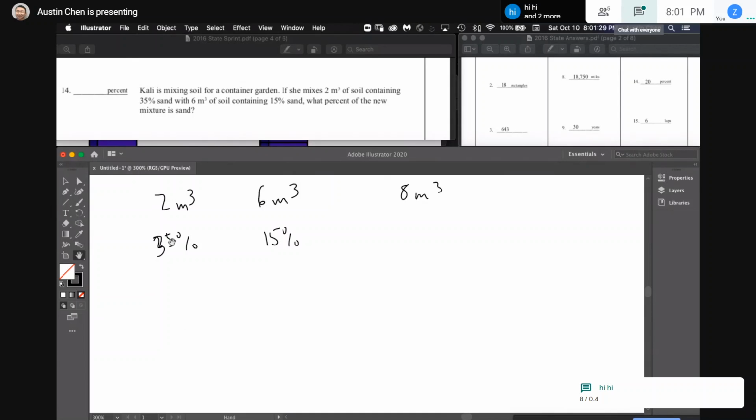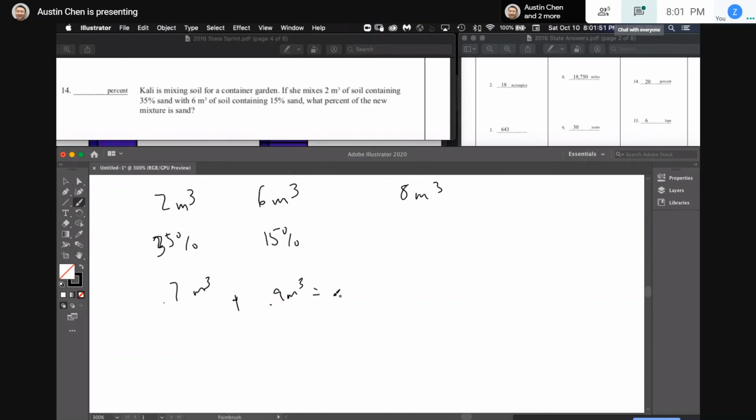We can do that by multiplying 0.35 by 2 and 0.15 by 6, right? So if we do that, we're going to have 0.7 meters cubed of sand in here, and 0.9 meters cubed of sand in here. So all of this amount of sand has to be in this, right?